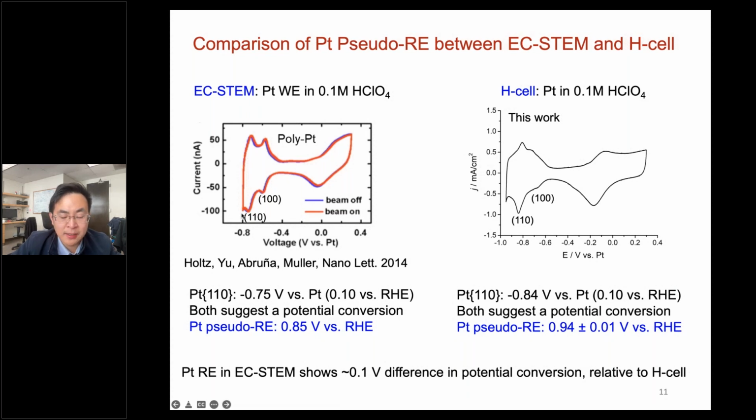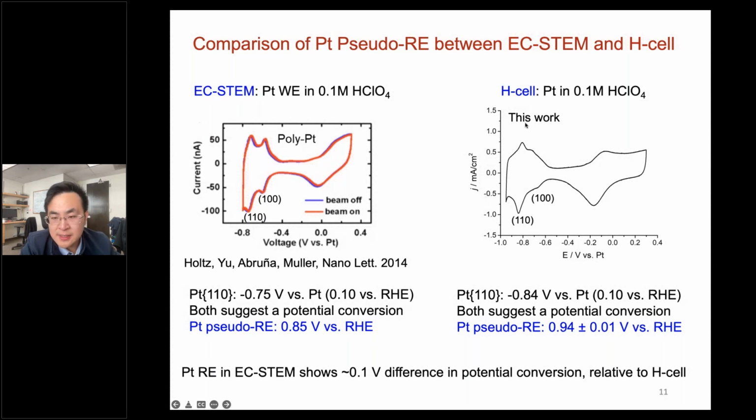Another perspective on this: in the CV, below minus 0.8 volt, at any moment you can evolve a hydrogen bubble. That's hydrogen evolution on platinum, which occurs at about 0 volt versus RHE.